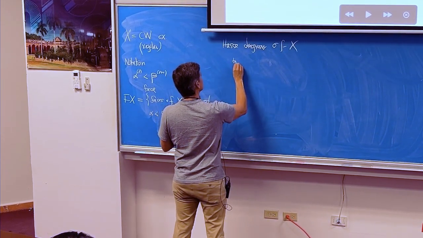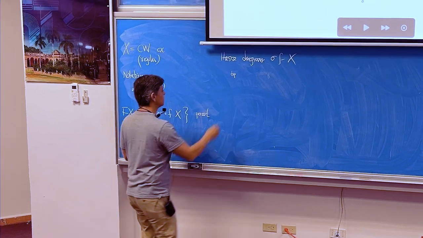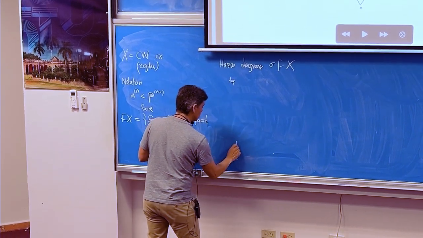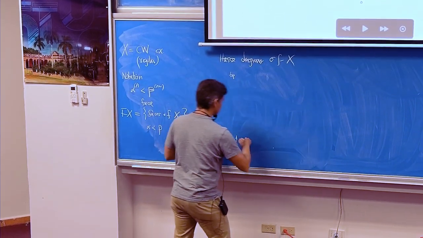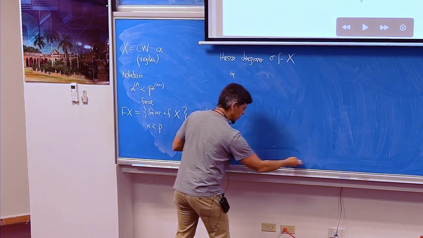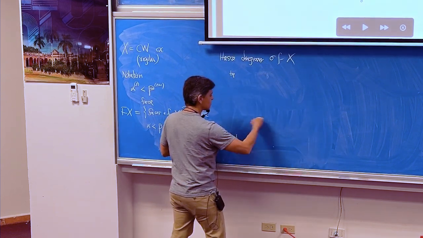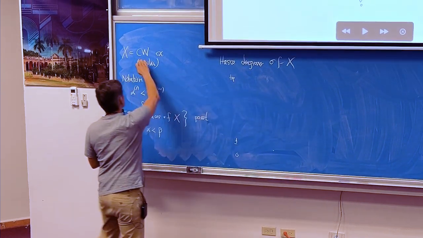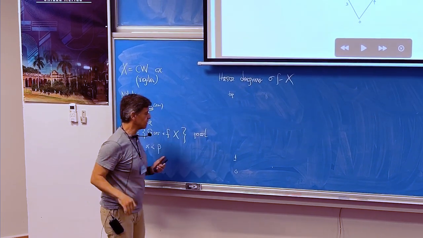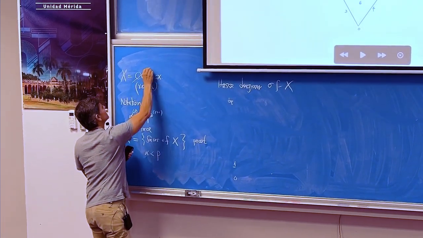So here you're going to have the top dimensional cells, and on the bottom you start putting cells of dimension 0, cells of dimension 1, namely here you put vertices, edges, triangles, and so on, if it is simplicial. If not, you can do the same thing. Let me just think that this is simplicial for the moment.